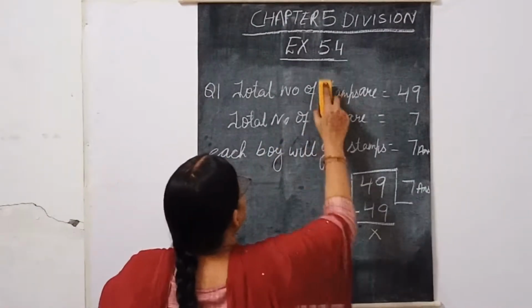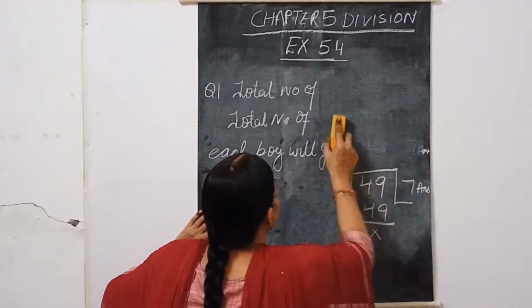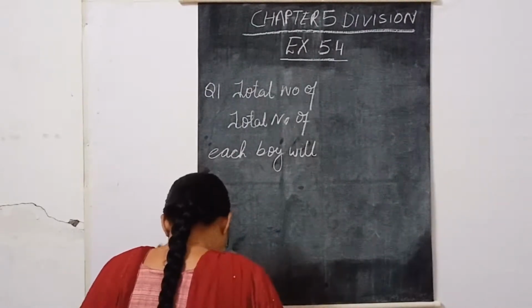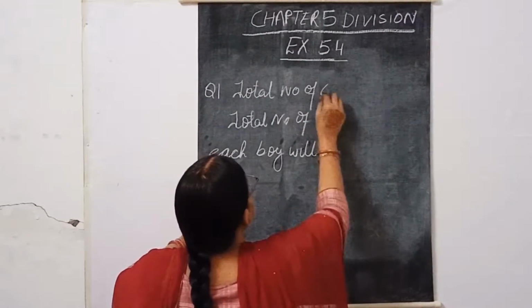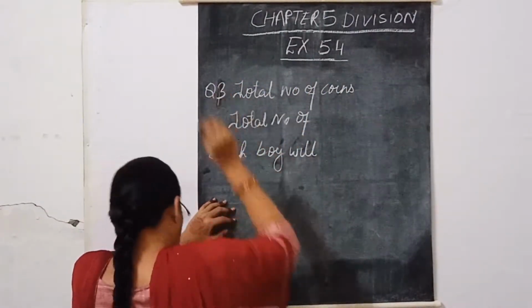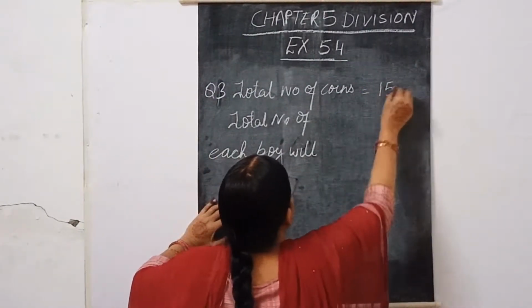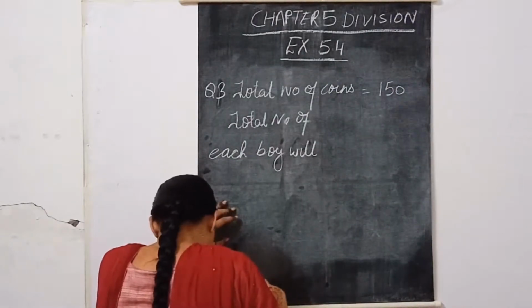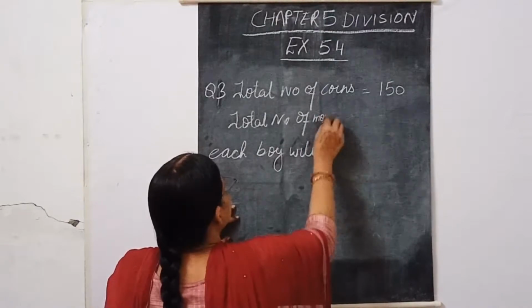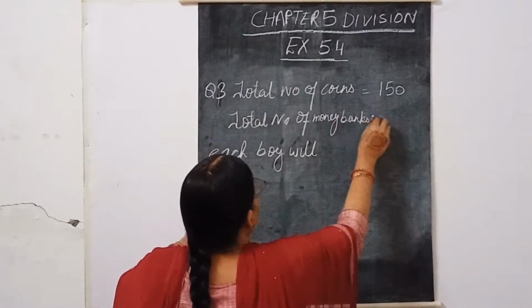So here in place of stems I have to write total number of coins. This is question number 3. Total number of coins is 150. Then total number of money banks, that is 5.